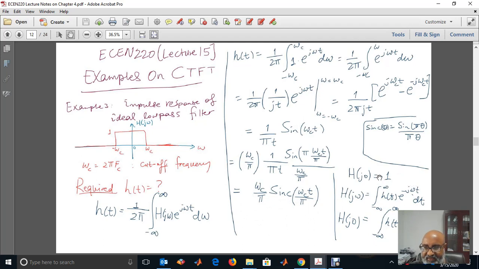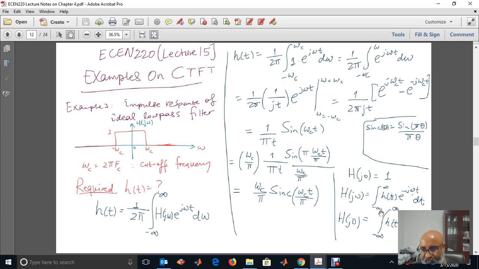What is the DC value? The DC value means the value of the low pass filter at omega equal to 0. It is 1. Okay, the DC value is the average value. It is related to time domain by using this formula. That means the DC value is omega equal to 0.